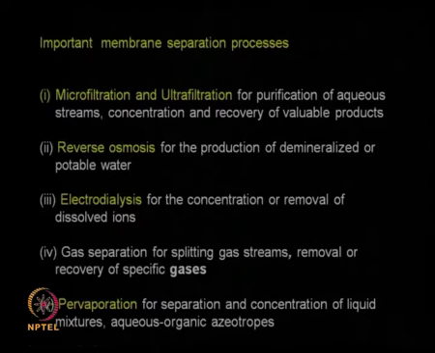So all these are done in microfiltration and ultrafiltration. Look at reverse osmosis. We can remove minerals, we can remove monovalent cations and anions, and so you make potable drinking water pure from anions and cations. We can remove bacteria, we can remove all the biological contaminants using reverse osmosis.